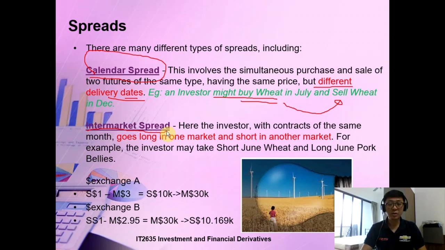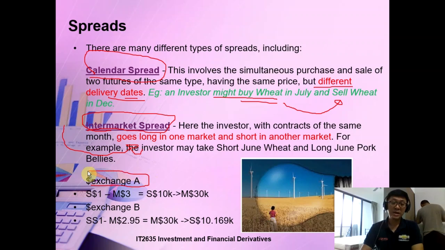Another spread that you can talk about is the intermarket spread, right? This is where you make use of the differences in two markets. You can buy from one market and then sell in another market. Another example you can think of is money exchange.